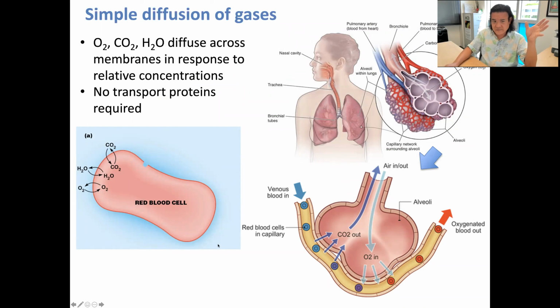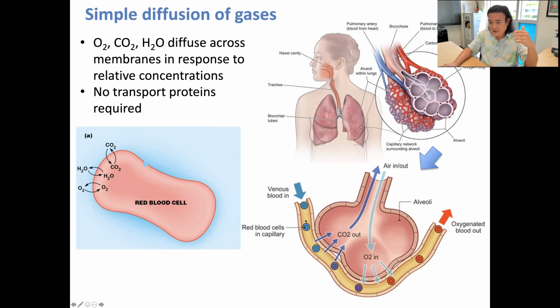Simple diffusion. Gases, as I already mentioned, just simply diffuse back and forth. So if you look at your lungs and the little alveoli, the little pockets in your lungs where the gas exchange takes place from the air that you breathe in and the gases that are in your blood. On the bottom here is a capillary, a small blood vessel flowing right up against one of these little alveoli, little sacs.